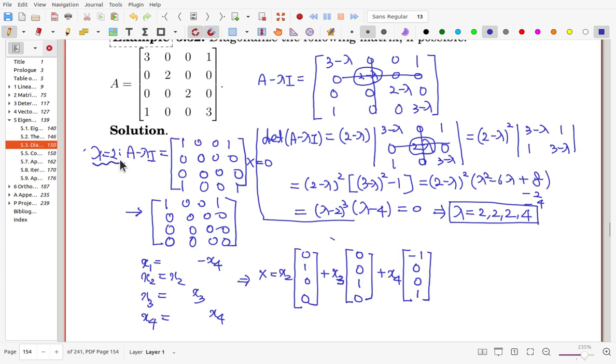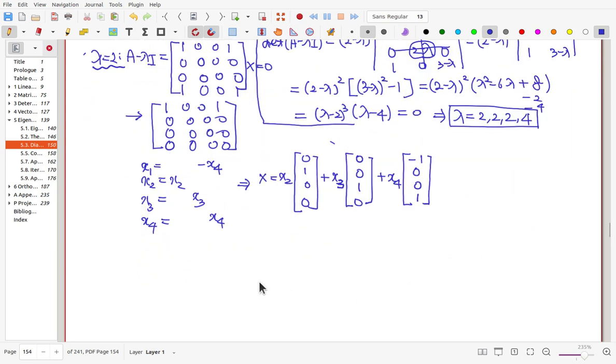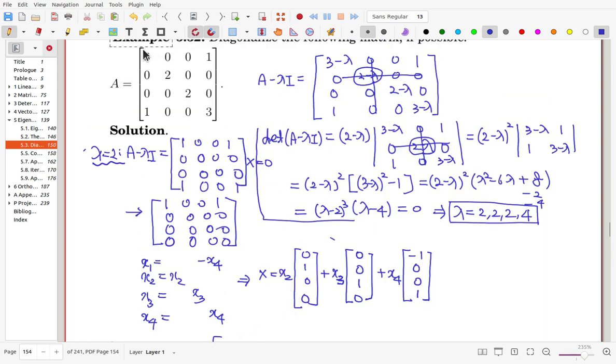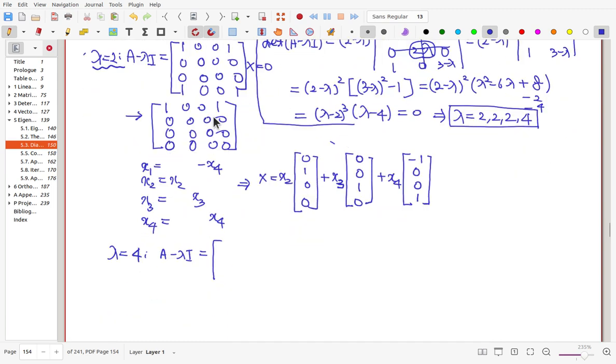So already we know it is diagonalizable, because with lambda equal 4 we'll get 1 linearly independent eigenvector. Let's finish the computation. Lambda equal 4. Then we subtract 4 along the diagonal. Here we have the original matrix, 3, 2, 2, 3, and we subtract 4 along the diagonal.